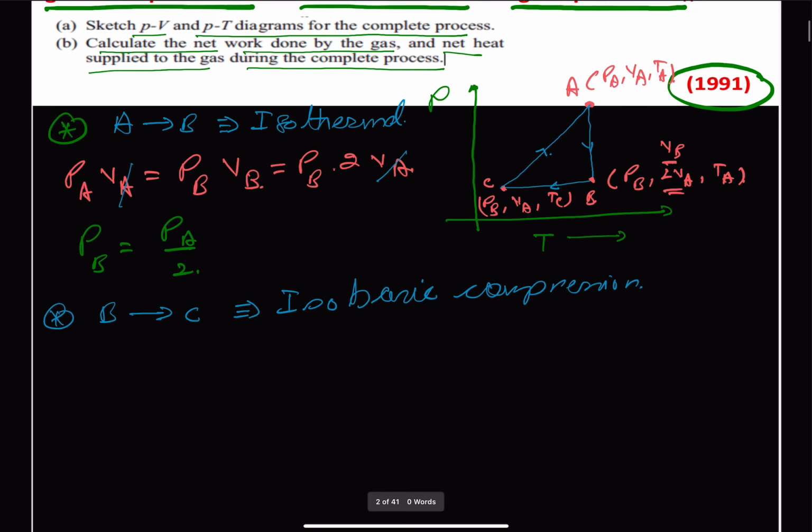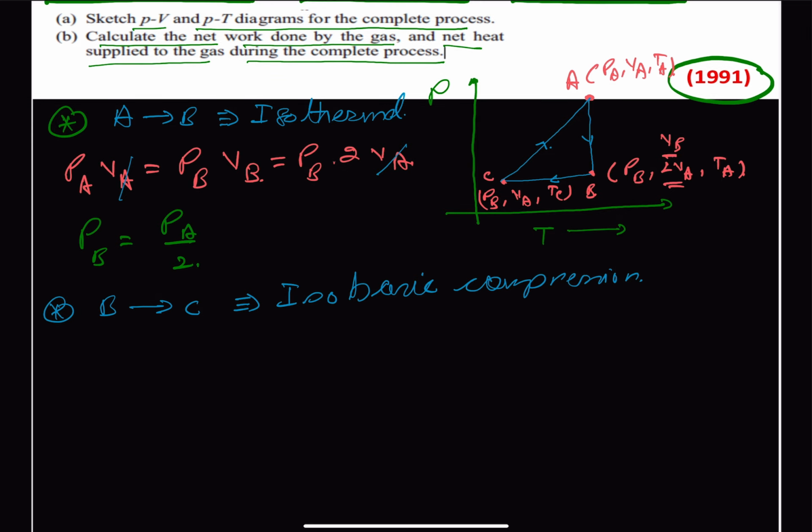And for that we can write that VB upon TB is equal to VC upon TC, okay?